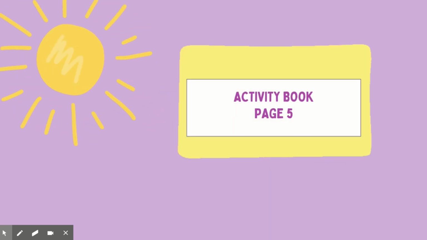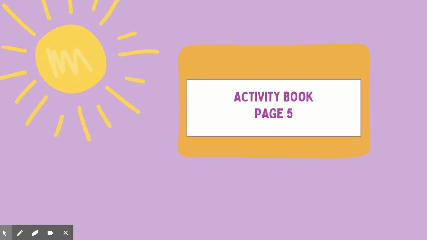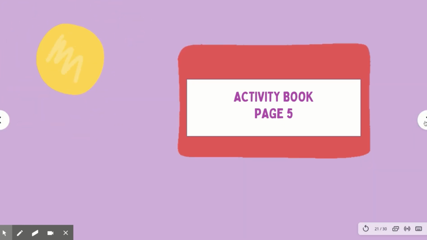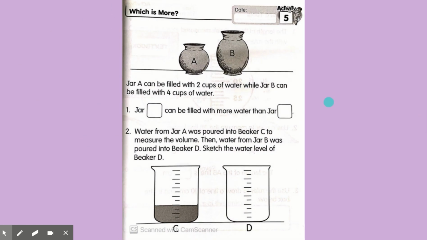Now let's take a look at your activity book, page 5. Are you ready? Read the question. Don't forget to write the date. Now, look at this picture, A and B, and read the question.